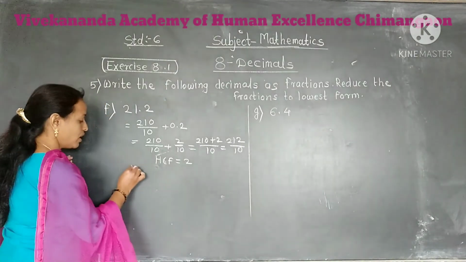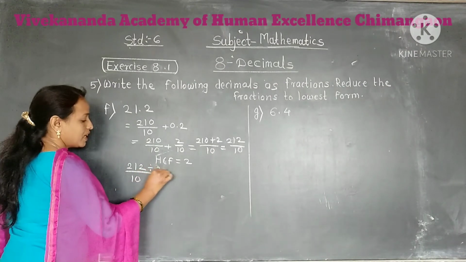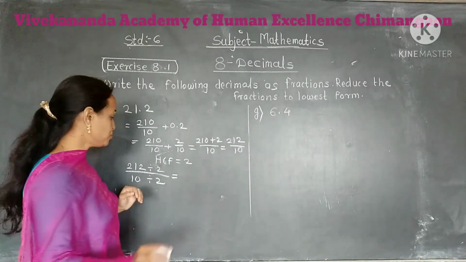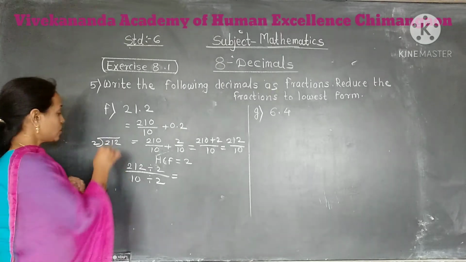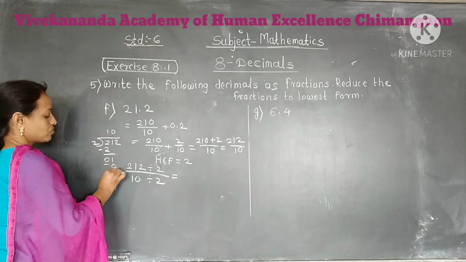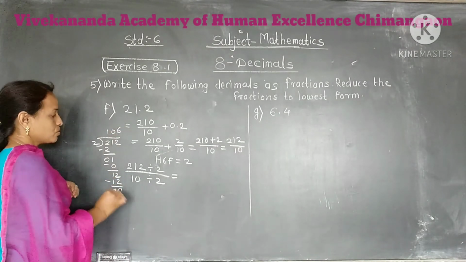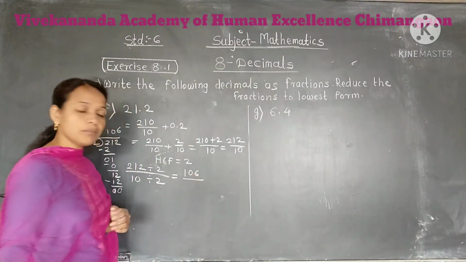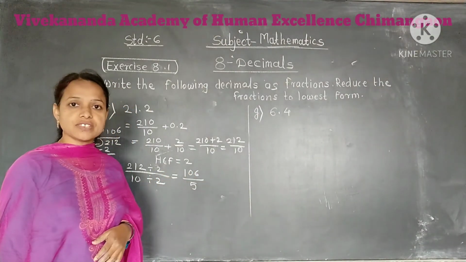So we divide 212 and 10 by 2. Dividing 212 by 2, we get quotient 106. We divide 10 by 2, we get quotient 5. So in this way we reduce it to lowest form.